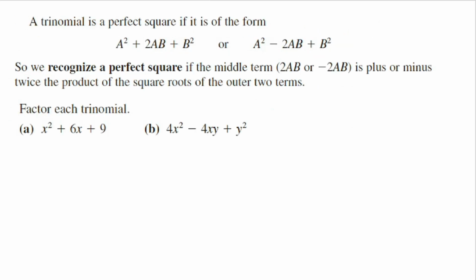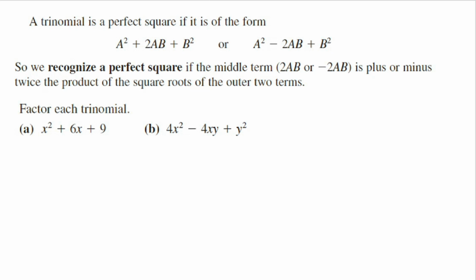Okay? A trinomial is a perfect square if it is of the form a squared plus 2ab plus b squared or a squared minus 2ab plus b squared. So we recognize a perfect square if the middle term is 2ab or minus 2ab.